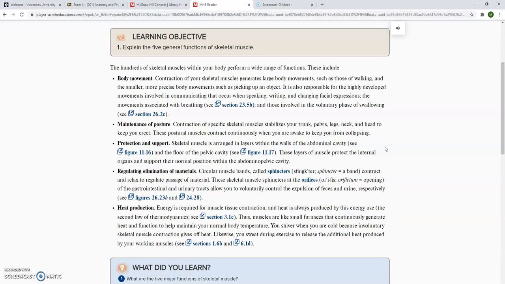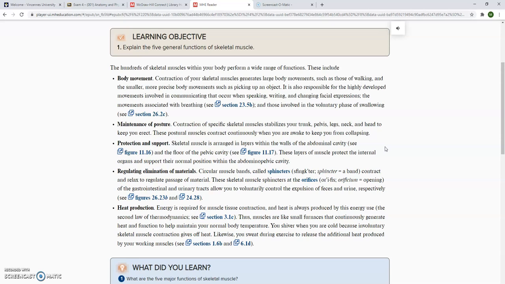And then the protection part. Just like our skeletal system protected vital organs, like if you remember the ribs and the sternum, the spinal column and the bones of the skull, all of that was protecting vital organs, heart and lungs and spinal cord and brain. But we do have skeletal muscle that is there to protect other areas of the body that aren't protected by the skeletal system.